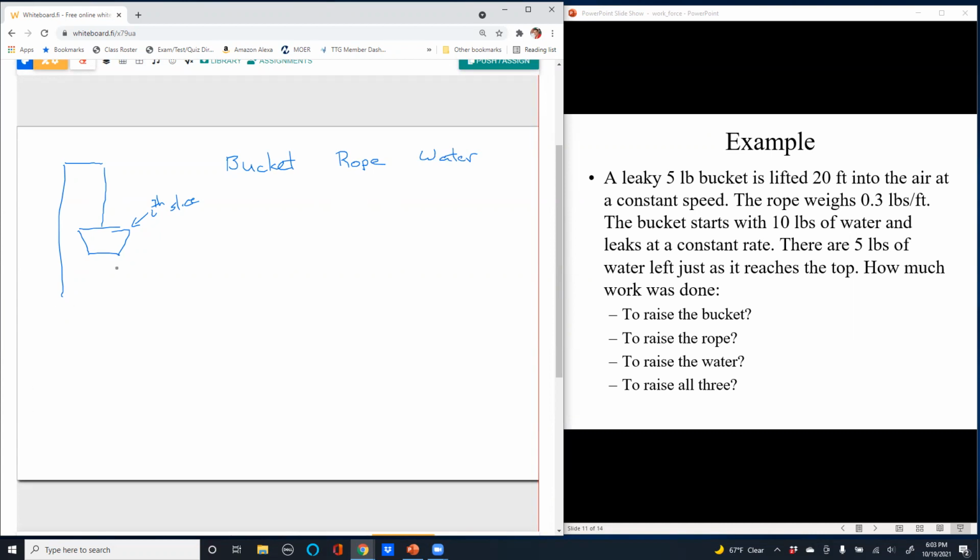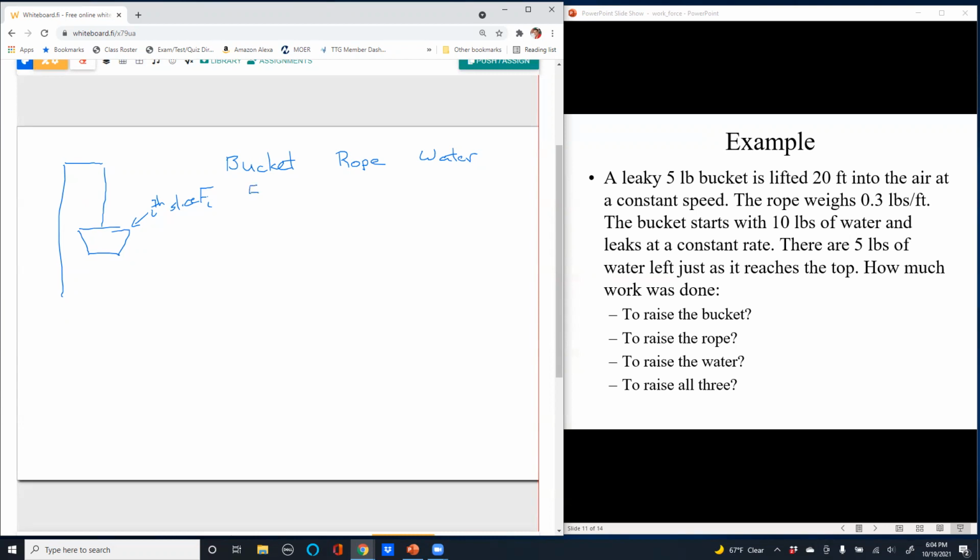Now the bucket. Notice the units, pounds, pounds per foot. We are in British units. We do not need to multiply by gravity. So let's just talk about the force on the ith slice. Well, the bucket's 5 pounds at the bottom, the bucket's 5 pounds at the top.